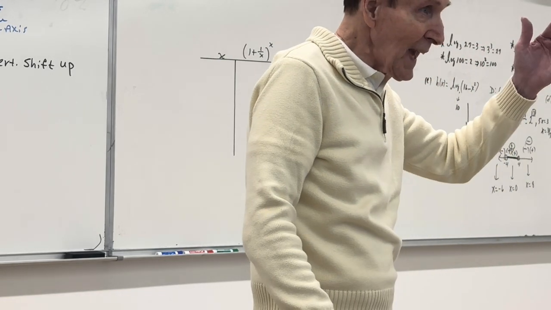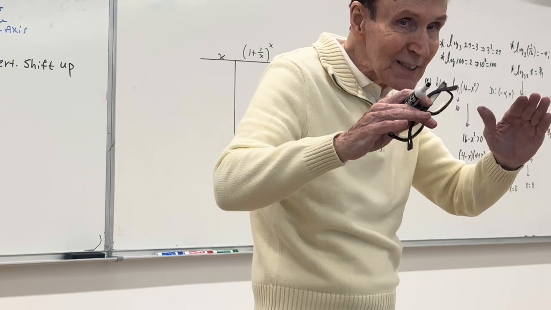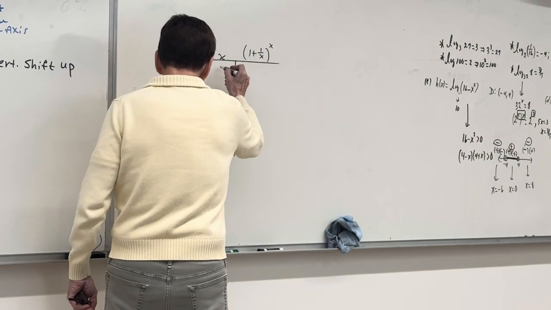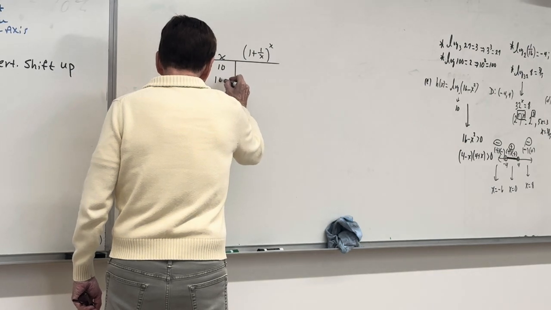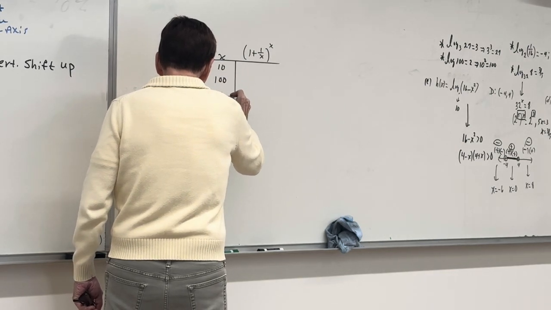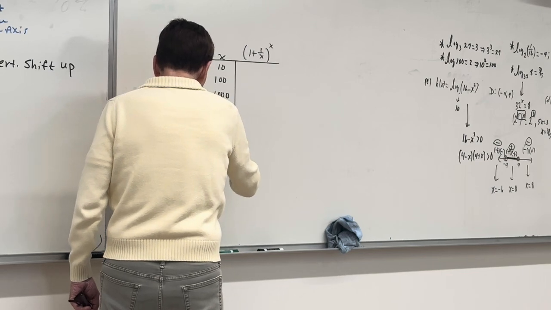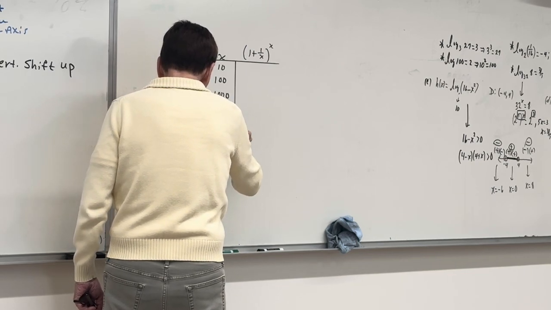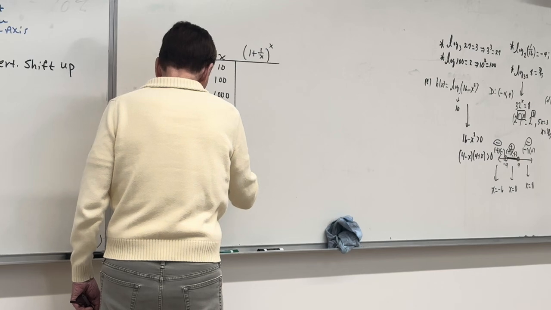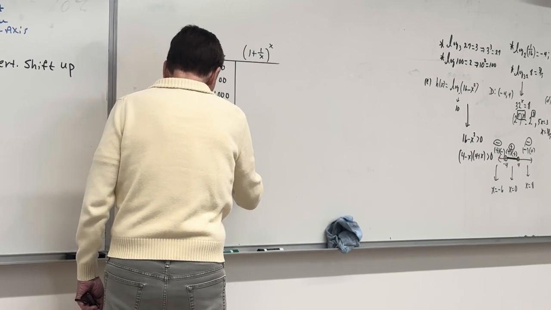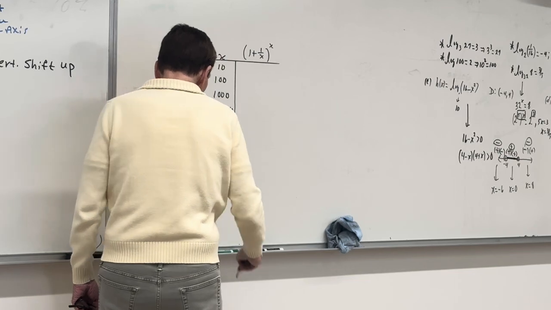Now, I'm going to put in the X column selected numbers like this for a reason. I'm going to start with this, and maybe I'll jump down to 1 million.